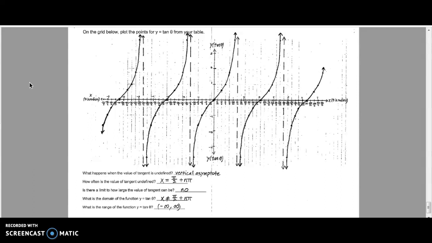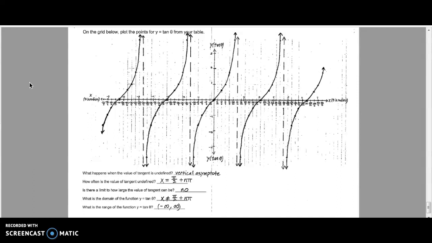So tangent is undefined anywhere where cosine of theta equals 0. That occurs at pi over 2, 3 pi over 2, 5 pi over 2, and that's why you can see down on the bottom of the screen that tangent is undefined at every pi over 2 plus n times pi, where n is an integer. So you have an infinite number of vertical asymptotes.